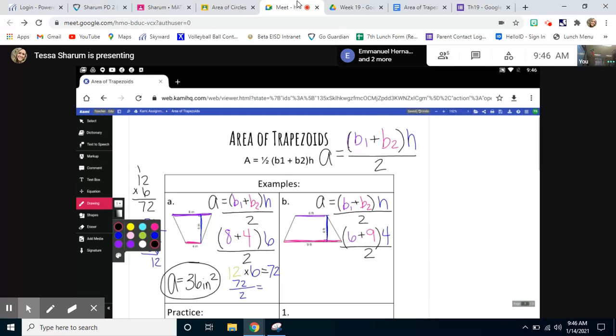Like I mentioned earlier, I'm going to make sure that I do the thing in my parentheses first. So 6 plus 9 gives me 15. So I'm doing 15 times 4. Four times 5 is 20. 4 times 1 is 4, plus 2 is 6, and I get 60.